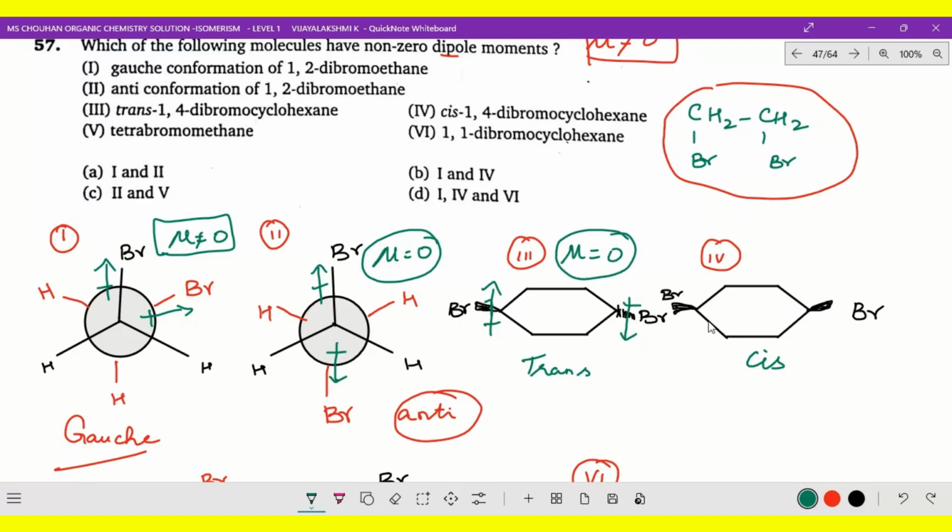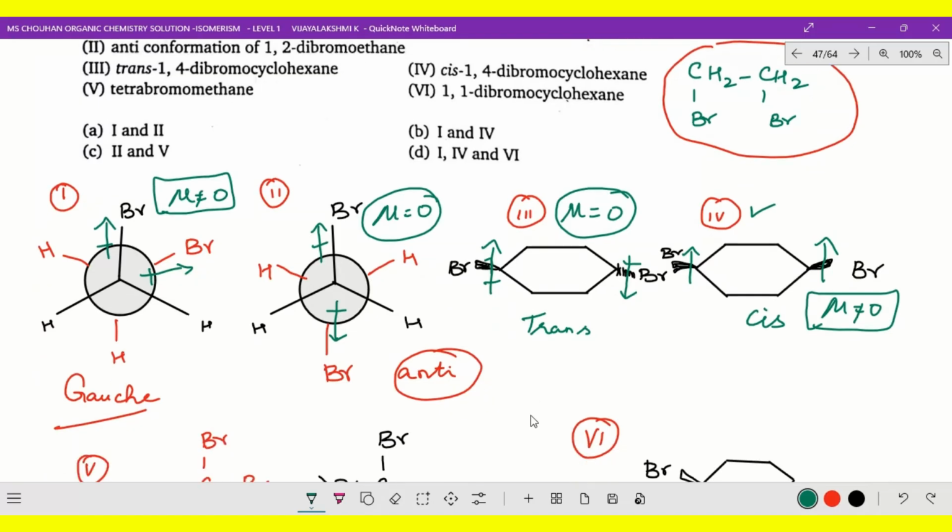And the next one, the cis formation, both are going upwards. So both going upwards means mu is not equal to 0. That means the fourth one is a non-zero dipole moment.